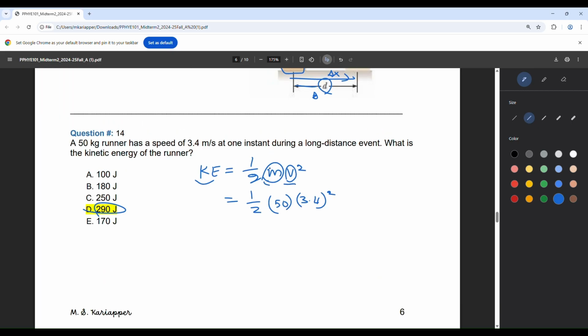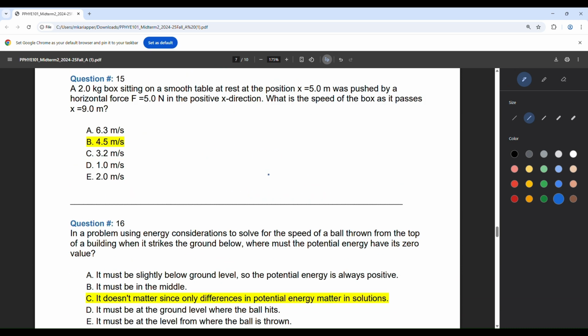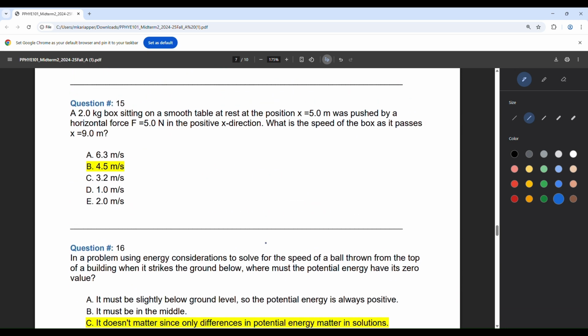Okay, number 15. Now comes a theorem, because we defined what is kinetic energy and how to get the work done. Then we have a theorem that we learn in chapter 5, which is, can anyone tell me what that is? Yeah.